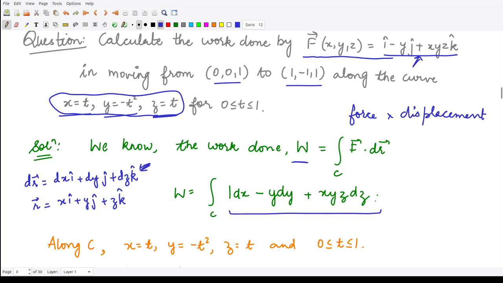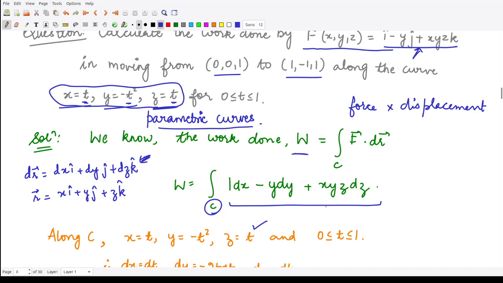Now we want to calculate this integration over the curve C. So we substitute the values of x, y and z in terms of the variable t. These are called parametric curves, where all the given variables are defined in terms of some other parameter, which here is t. Along this parametric curve we calculate the work done from this point to this point.